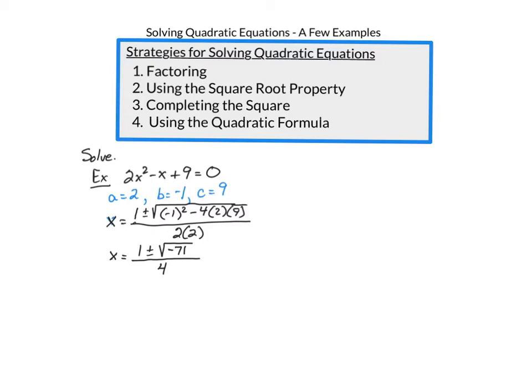There's not a whole lot to do, but I do have a negative number underneath that square root. That means I need to write it with an i instead. So I have x equals 1 plus or minus i times the square root of 71 all over 4. And this problem is complete.